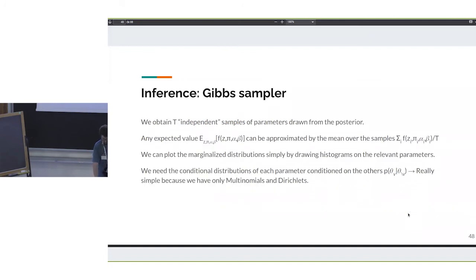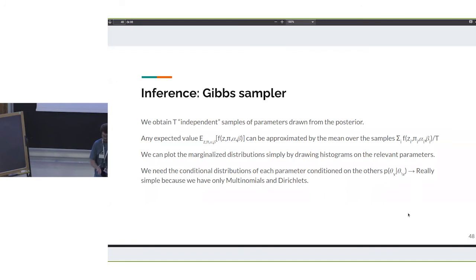So what we do for inference is what we call a Gibbs sampler, which is probably one of the easiest Markov chain Monte Carlo algorithms. From the Gibbs sampler, we will obtain T independent samples of the posterior distribution, and we can compute any expected value given this posterior simply by histogramming over the samples.